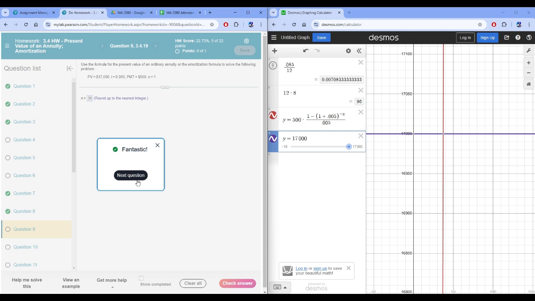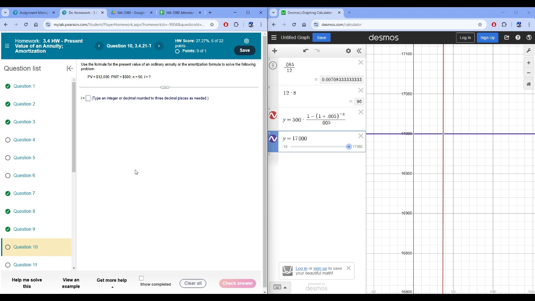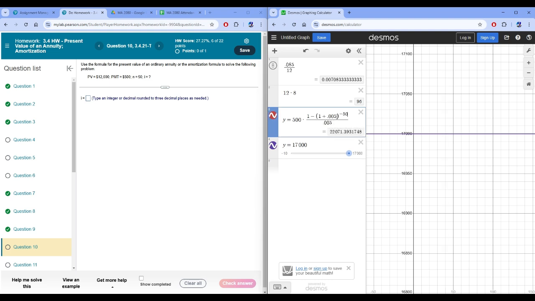So this was the midterm. I'm showing you that. Use the formula for the present value of an ordinary annuity, the amortization formula. So now we're just going to be solving for I. Honestly, this would be 50. I can make this X, and I can make this down here X. It's going to be a very small number. My payment is that. When does this equal 12,000? There we go.